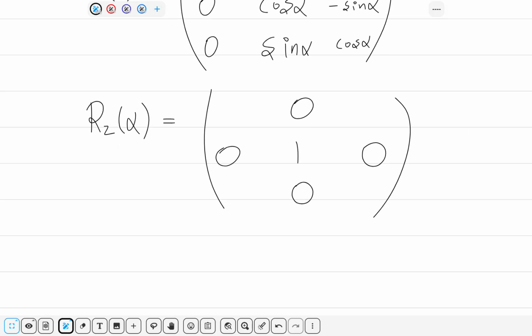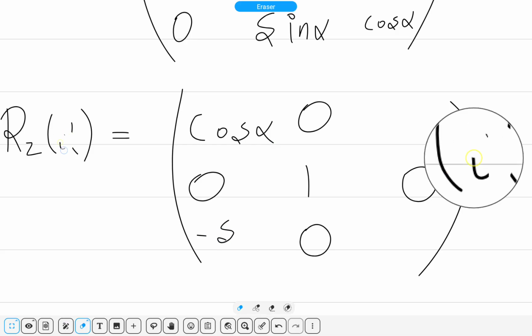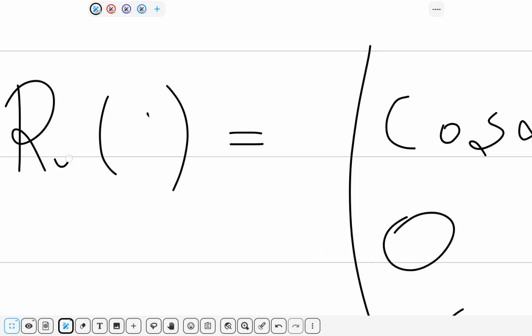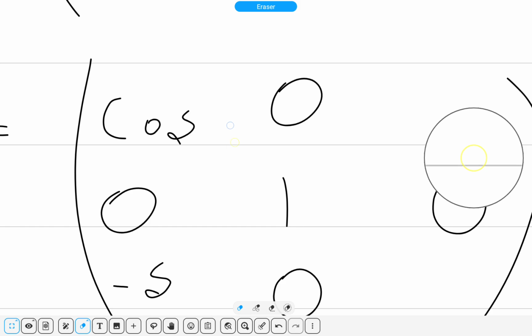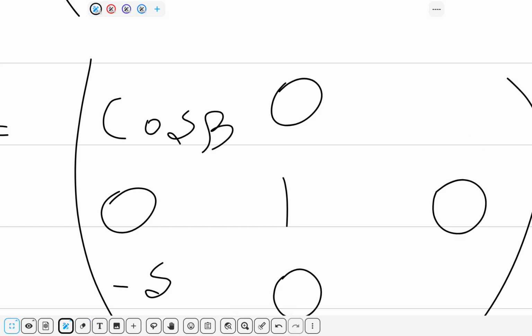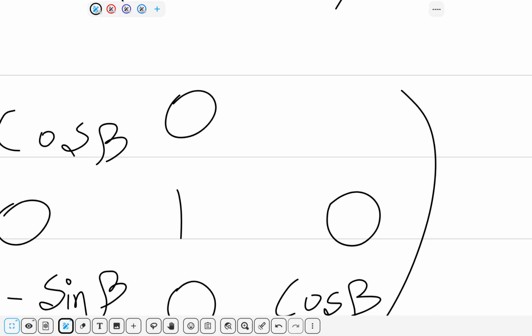Here I have to be careful. Okay, sorry, beta. Let me say beta about the y-axis. So beta here as well: cos beta, minus sin beta, sin beta.